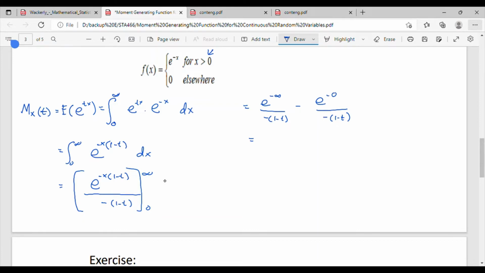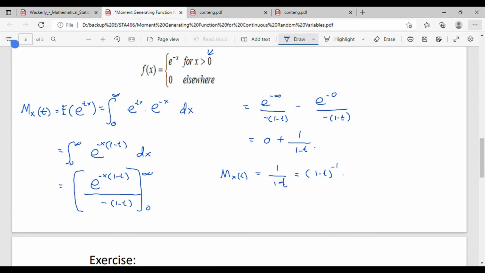Okay, 0 here, and then will be plus, negative negative, so it will be plus e power of negative 0 is 1 divide dengan 1 minus t. Alright, so dekat sini you akan dapat finally the MGF ataupun M_X(t) for random variable x adalah 1 over 1 minus t, ataupun we can write it as (1 minus t) power of negative 1.